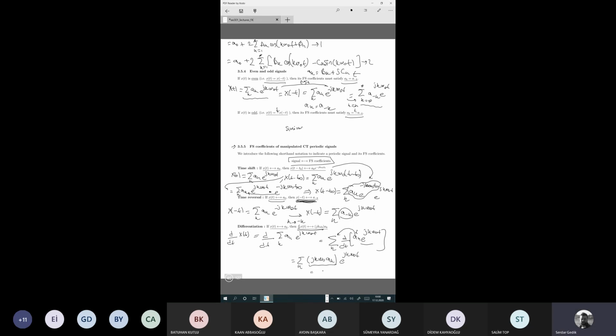And this is the new Fourier series coefficients for the derivative signal. Note that we have used the property that differentiation is linear, so I can put it inside. ak does not depend on time, so I can put it outside the derivative. And if I do this, I have the new Fourier series coefficients as given by this formula.